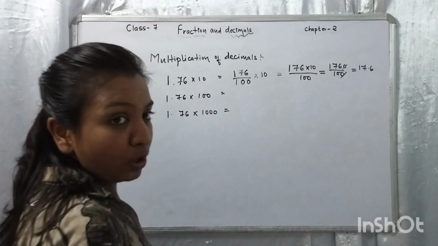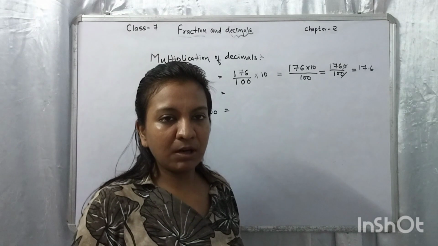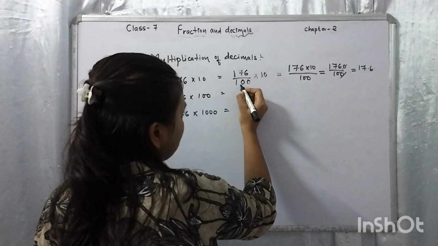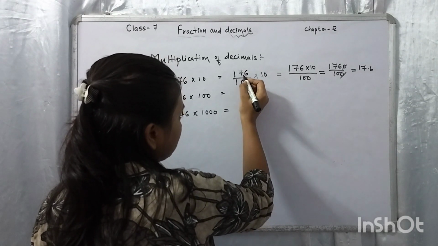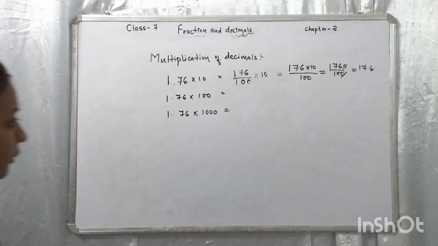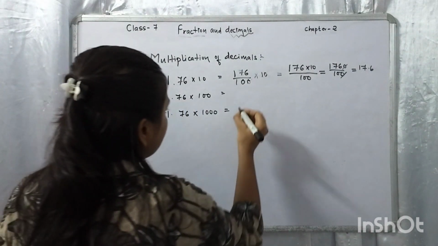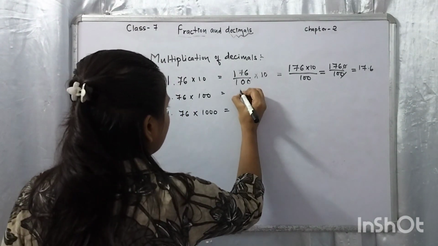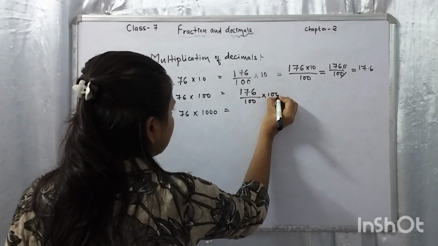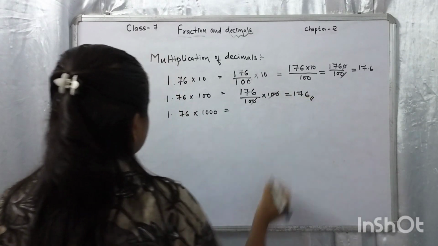But if this comes in just an MCQ or a 1 mark question, then you can directly cut this out, and now you will divide. Since it is 10, you will directly write the point after one number. So this is a simpler way to do it. Now again, if you have to multiply 1.76 with 100, that is 176 by 100 into 100. So now this 100 and this 100 get cancelled out, so your answer is 176. Fine.